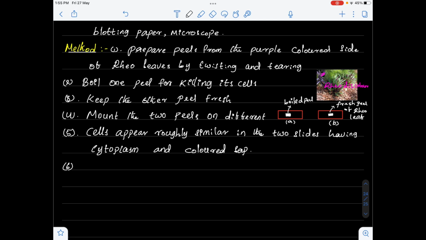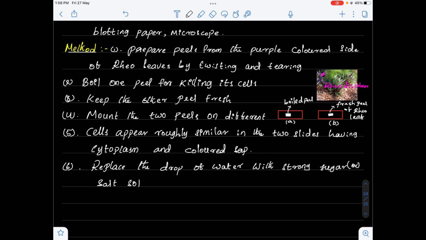And the next step is, replace the drop of water with a strong sugar or salt solution. So this is a hypertonic solution.